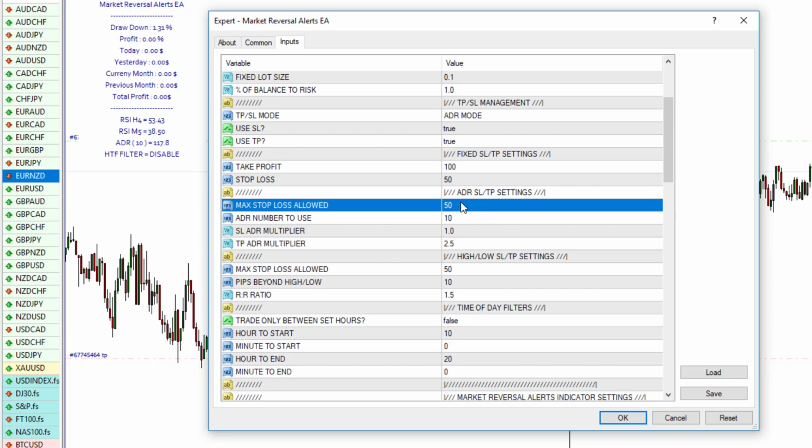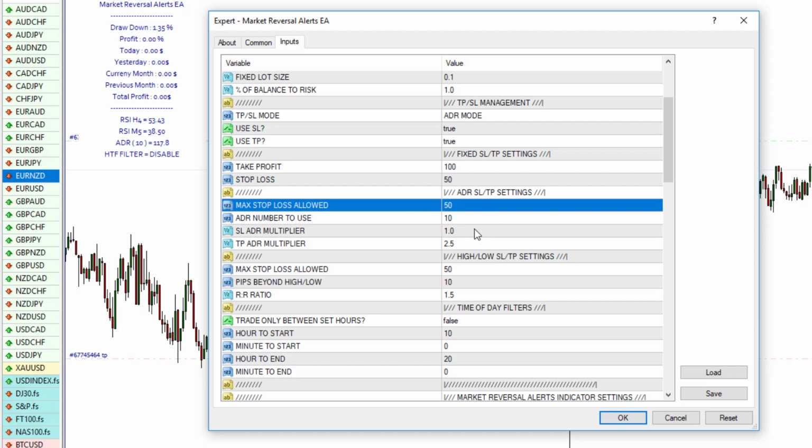If that stop loss is too high, it will not take the trade. So this is kind of a fallback. If you didn't want to take trades where the ADR was too high on a particular pair, you can set this to say 100 pips, and it will only take trades if the ADR is under 100.